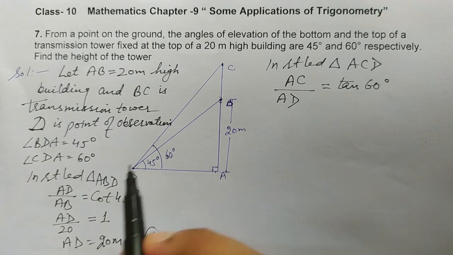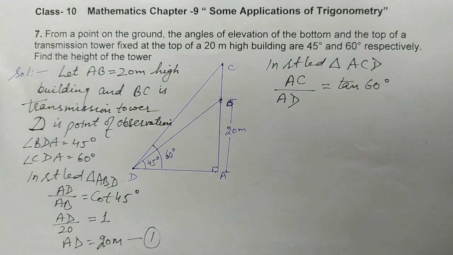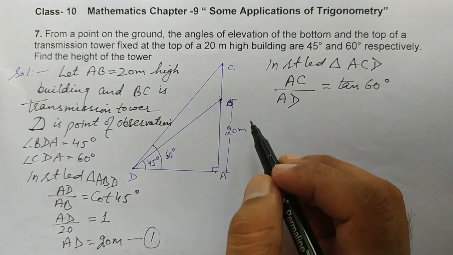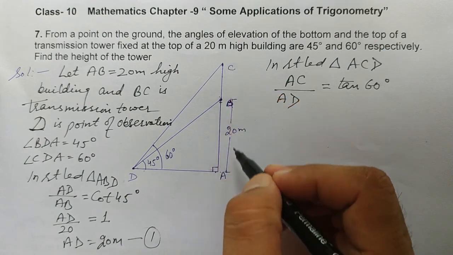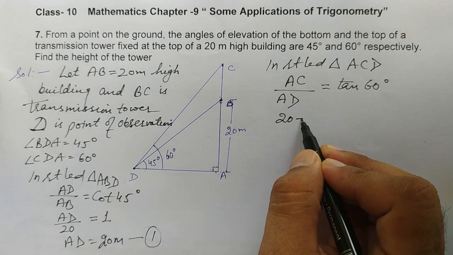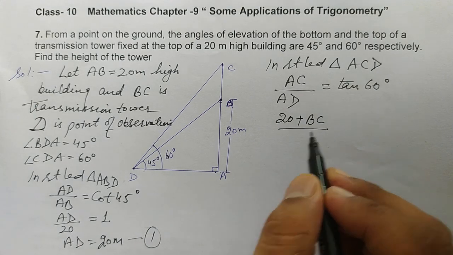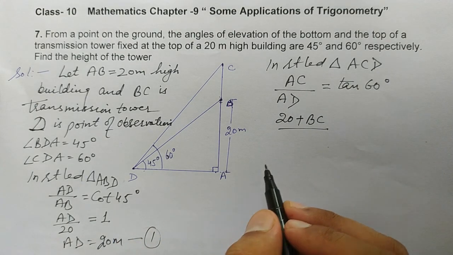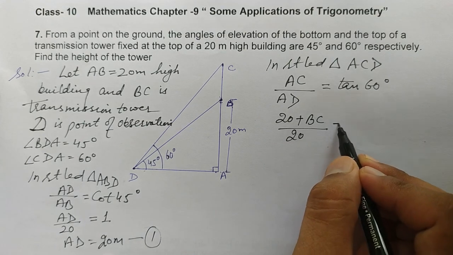Yes, it is tan 60 degree only. Now AC I'll write as AB plus BC. So AB is 20, so I can write AC as 20 plus BC over AD. AD is 20 here. Okay, so it is equal to tan 60.